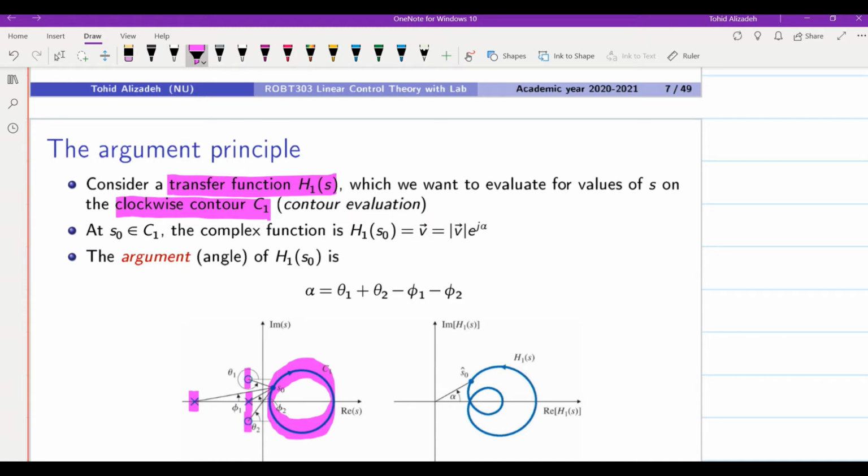Now, we want to evaluate the values of h1 of s on the contour. This will give us a map of h1.